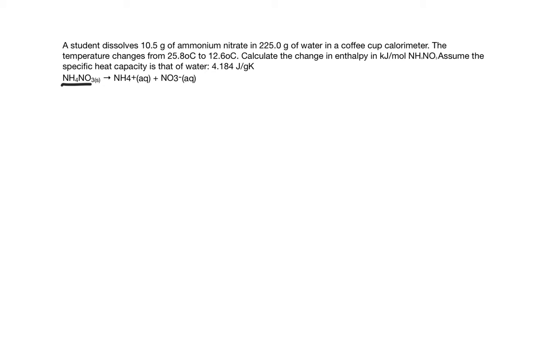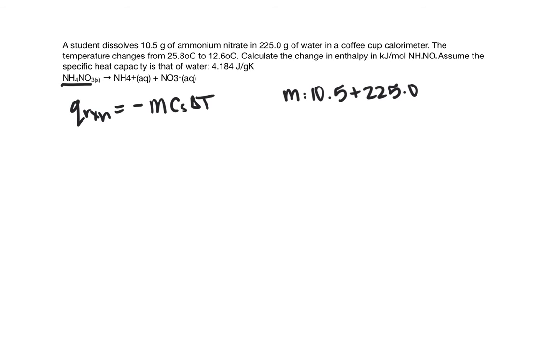So we are looking for Q reaction, which is equal to negative m C sub s delta T. In this case, the mass is going to be the total, so you add it together, 10.5 plus 225.0.